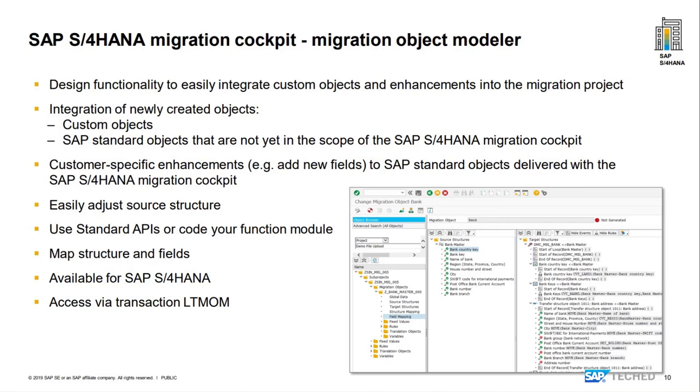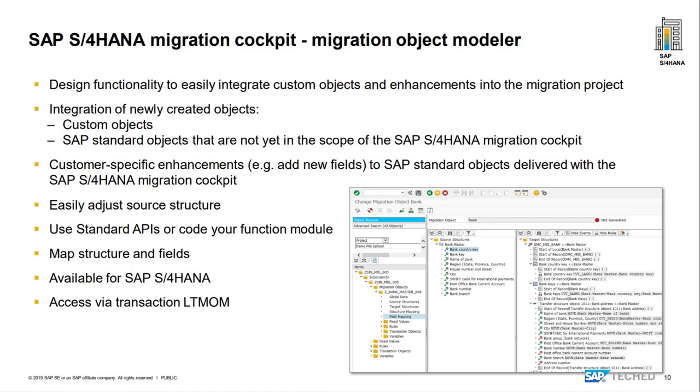So you will use the Migration Object Modeler to create objects, which could be custom objects or, as I mentioned, standard objects that are not yet in the scope of the Migration Cockpit, where you can easily adjust the source structure, and then this will use the standard APIs or your function module to add the structure into the mapping, so this can also be rendered into the template, or you can maybe use the other types of processes that we use.